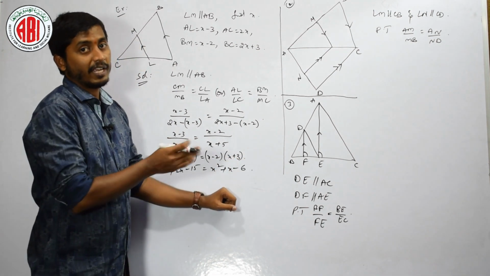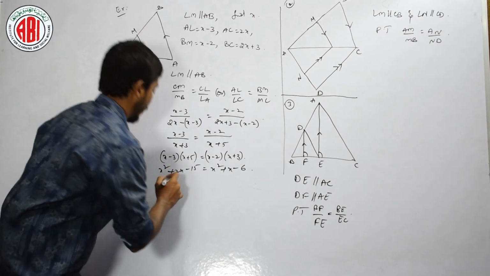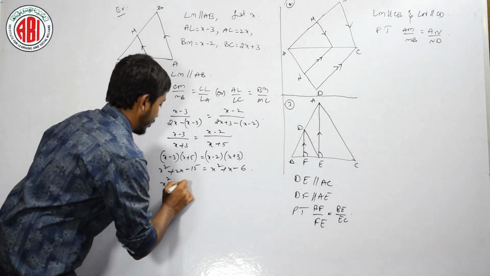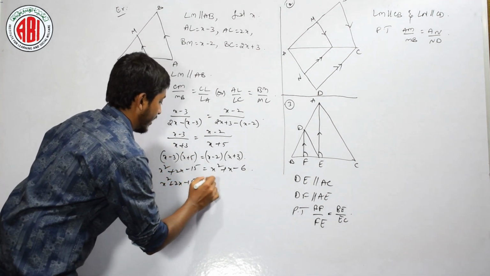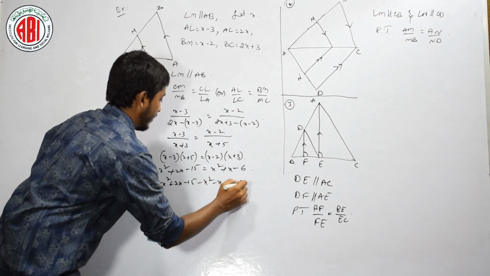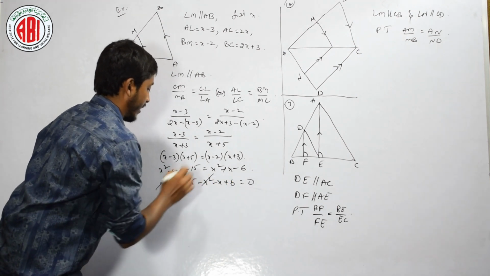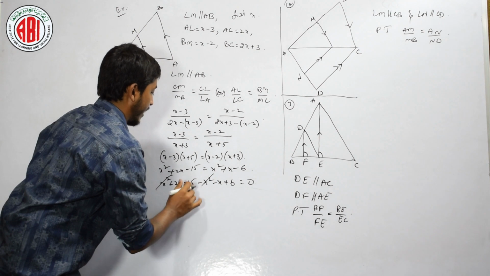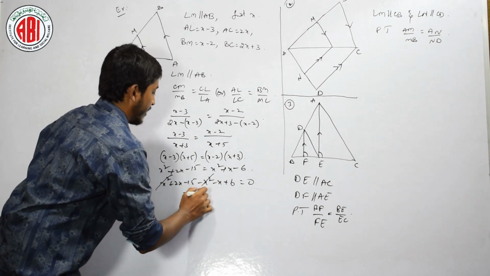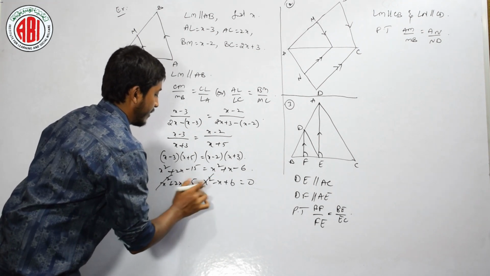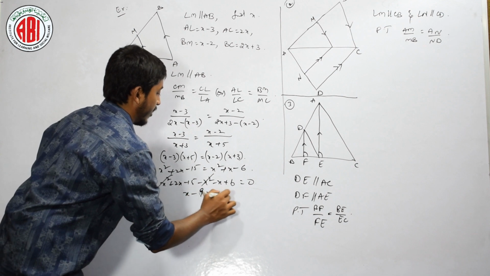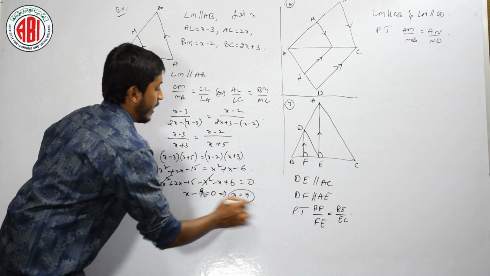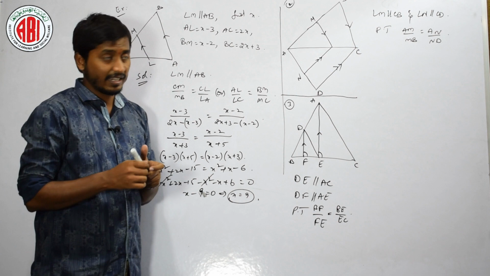Let us bring everything to one side. It will become x square plus 2x minus 15 minus x square minus x plus 6 is equal to 0. X square gets cancelled, 2x minus x is x, minus 15 plus 6 is minus 9, equal to 0. Therefore, the value of x is 9. Is it clear?